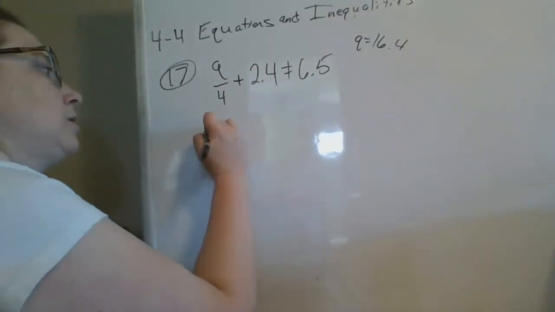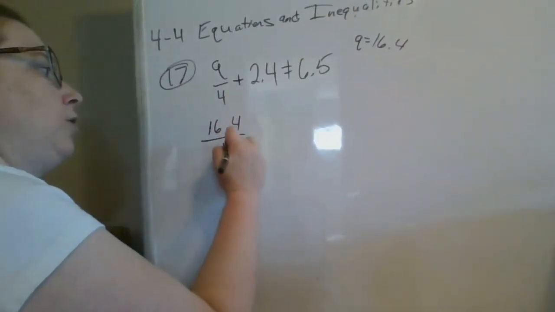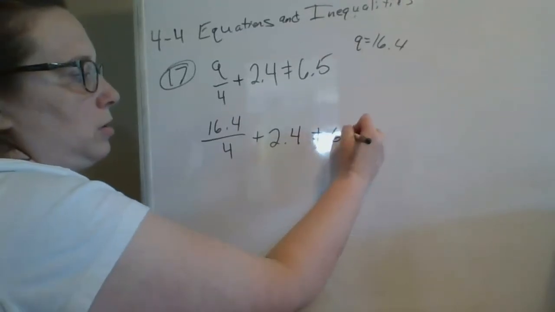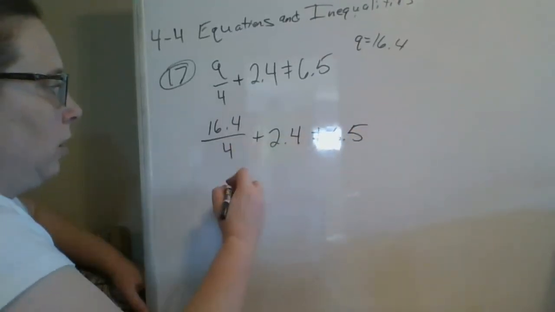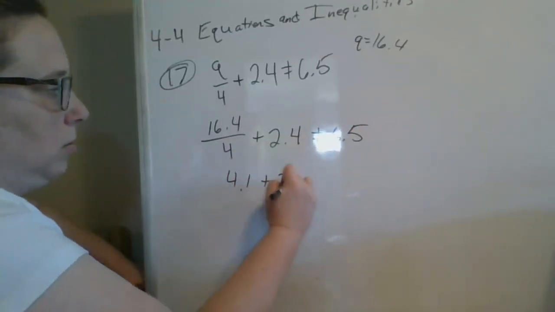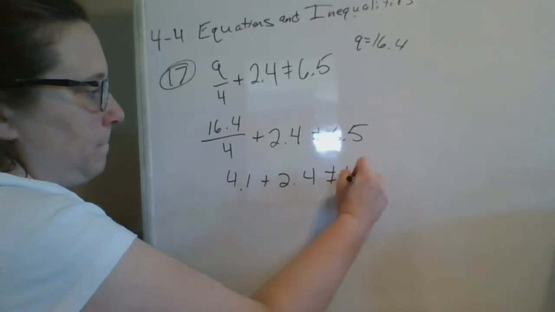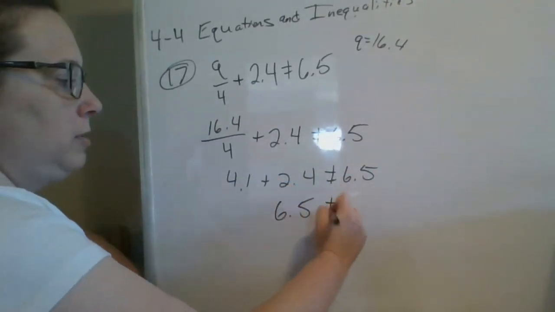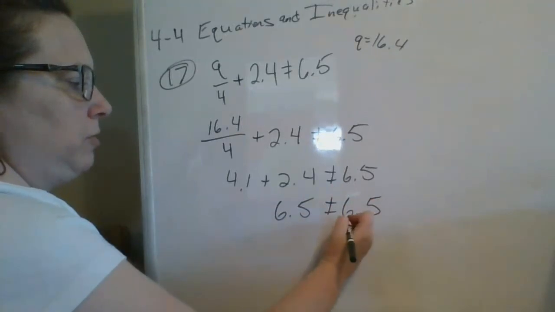So we're going to plug 16 4/10 in for q. Remember, we're trying to decide if this is true or not. When we add here, we get 6 5/10 is not equal to 6 5/10.